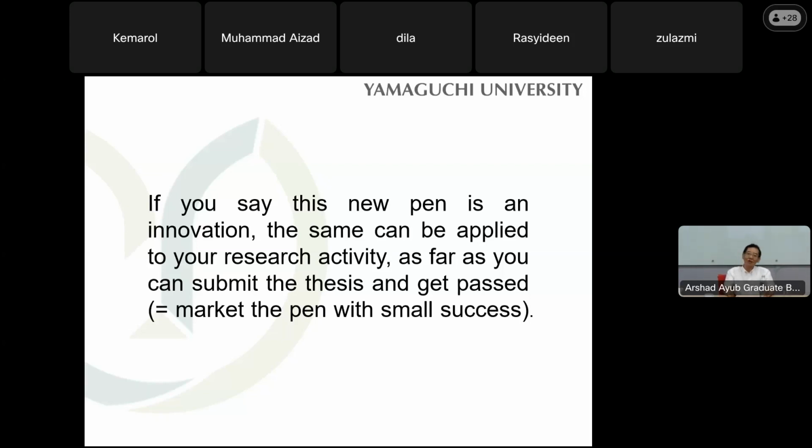So as such, if you are at the initial phase of your research project, or you will start your research project in the future, just assume that what you will do is just to mimic the innovation process in the real world.